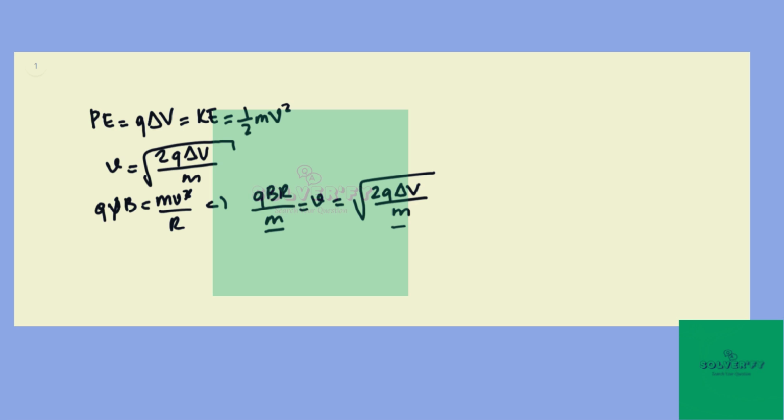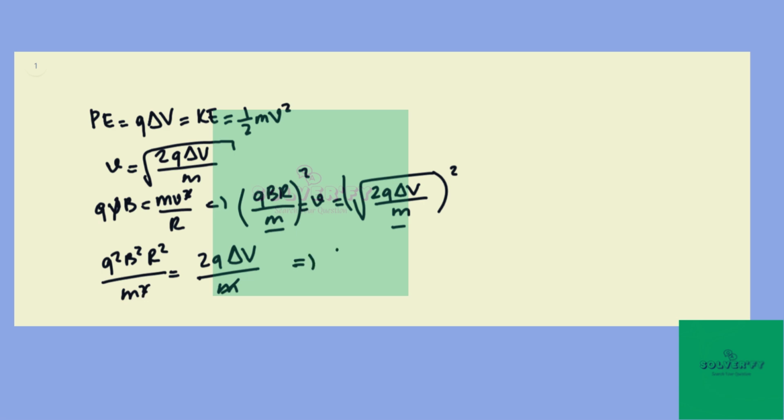If we take the square of both sides, then Q squared B squared r squared over m squared is going to be equal to 2Q delta V over m. The m's are going to cancel. Then delta V is going to be equal to, one Q is canceling also, Q B squared r squared over 2m. This gives us the potential in terms of the radius of curvature.